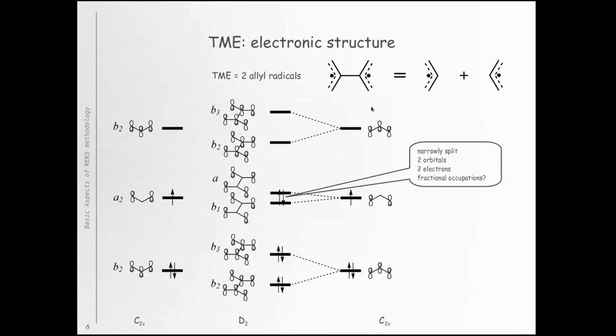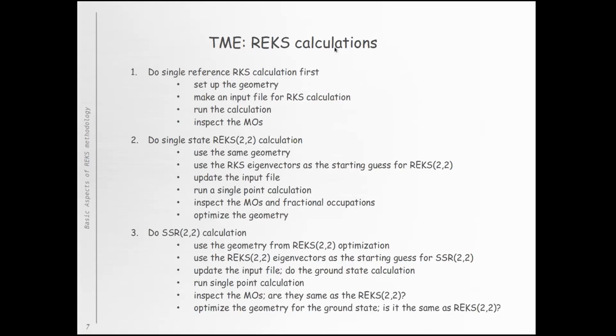All right, what we shall do is listed here. First we shall do a single reference Kohn-Sham calculation to set up the geometry, make the input file, and so on. Then we use molecular orbitals from this single reference Kohn-Sham calculation to start a REKS-22 state average calculation.